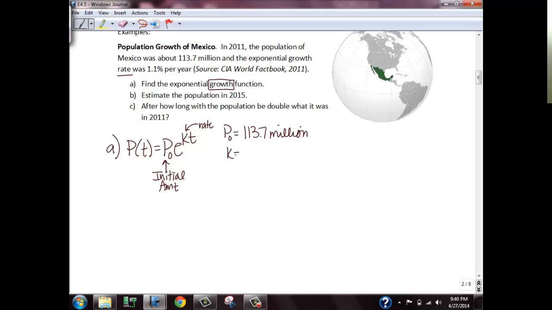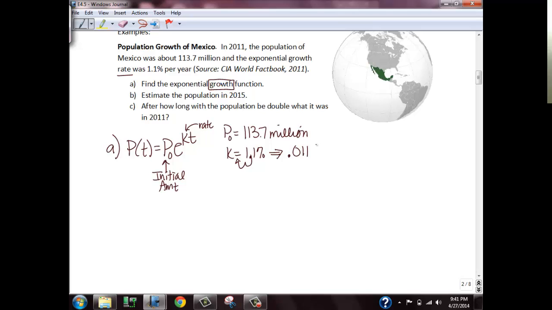So that means k is 1.1%. Now, anytime we plug anything into our formula, we never use percents. We always write them as decimals. So to move a percentage into a decimal, we move the decimal place 2 places to the left. So we'd end up with 0.011 as our rate.